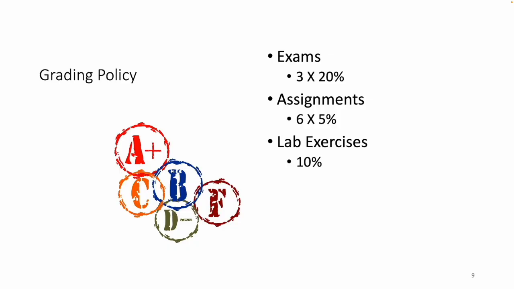So there would be several exercises for the majority of topics, and the total percentage of those small exercises will be summed up to 10%. So exams total 60%, assignments total 30%, and the exercises 10%. It will make up 100% of your final grade.